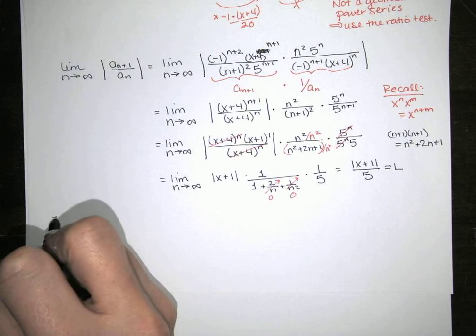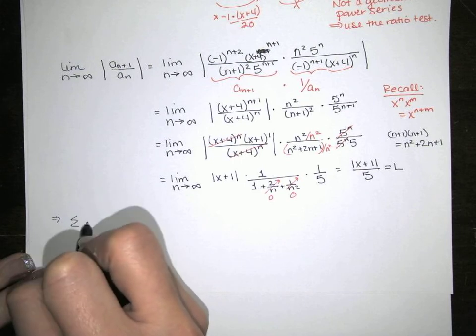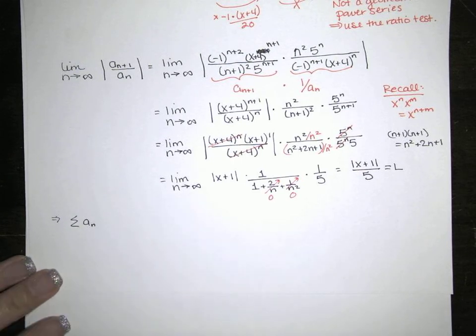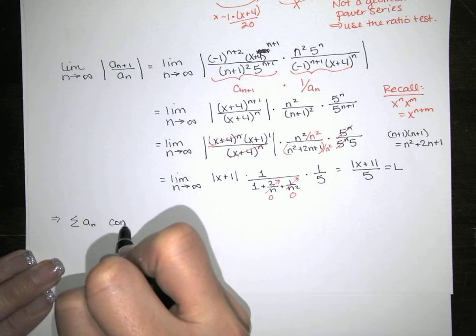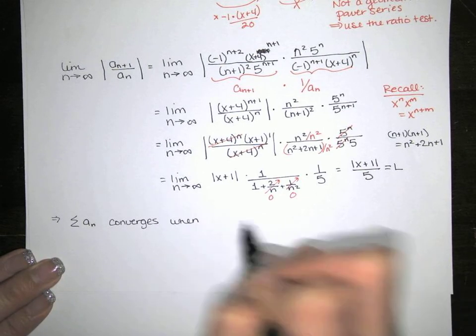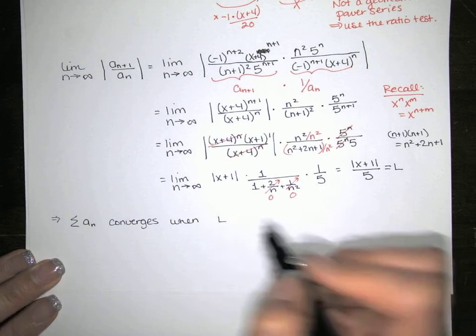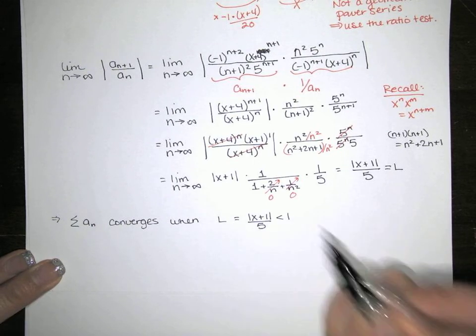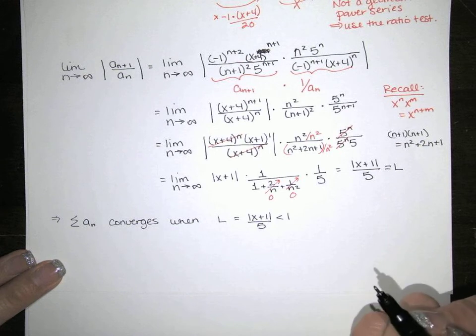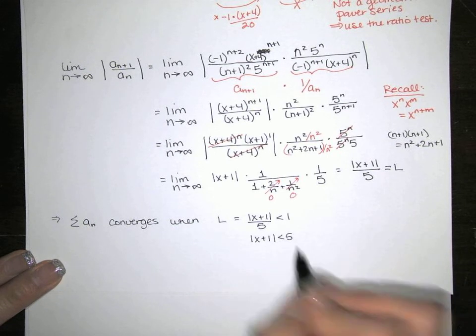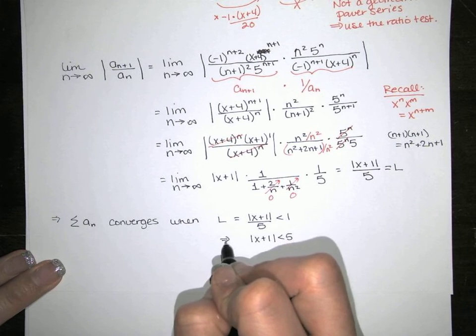So this tells us that the series, the sum of the a sub n, converges when L, that's the absolute value of x plus 1 over 5, is less than 1. So we'll multiply both sides by 5 and solve the inequality.